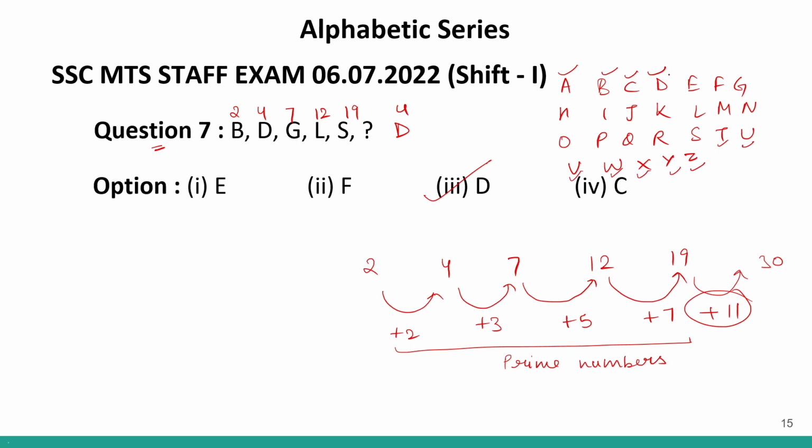That brings me to option number 3, D. Clear? These were basically prime numbers. 2 is a prime number, 3 is a prime number, 5 is a prime number, 7 is a prime number, and the next prime number after 7 is 11. Okay?